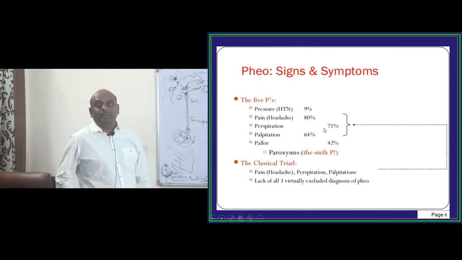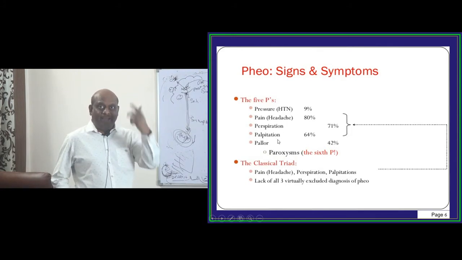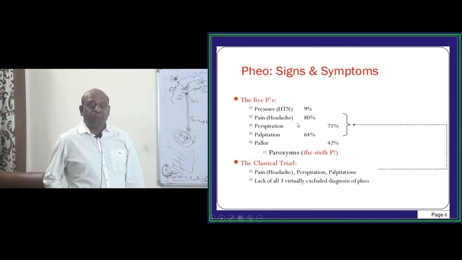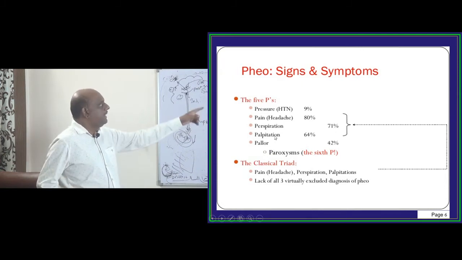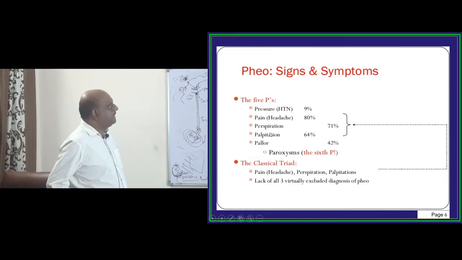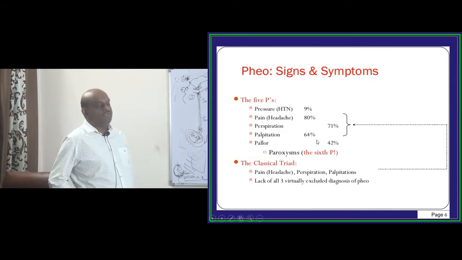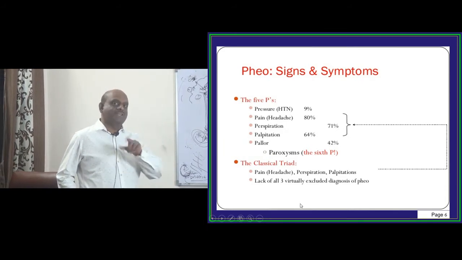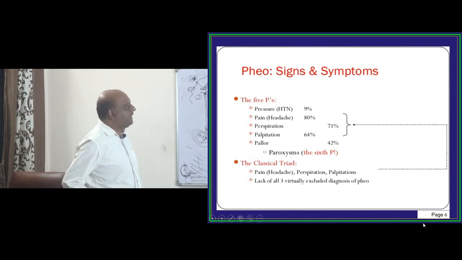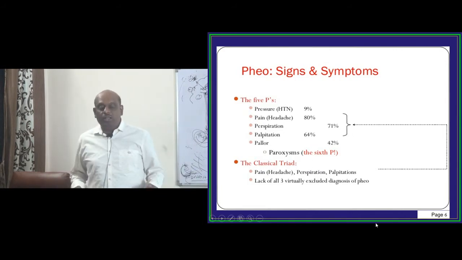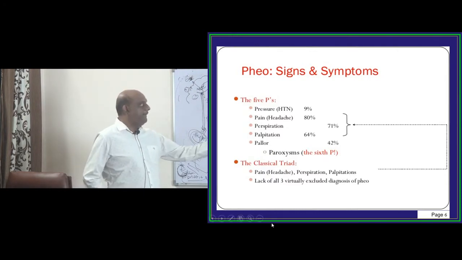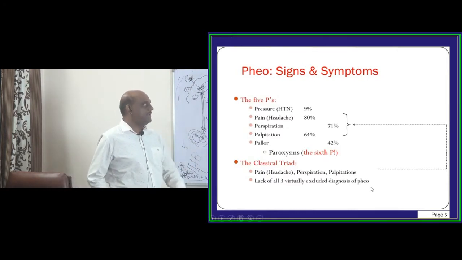Now doctor, what are the 5 P's? P for pressure, hypertension. P for pain, headache. 80% of patients will have headache, a very common symptom of pheo. Perspiration, 71%. Palpitation, 64%. Pallor, 42%. And paroxysms are the 6th P you need to remember. But the classical triad of pheo is pain, perspiration, palpitation.